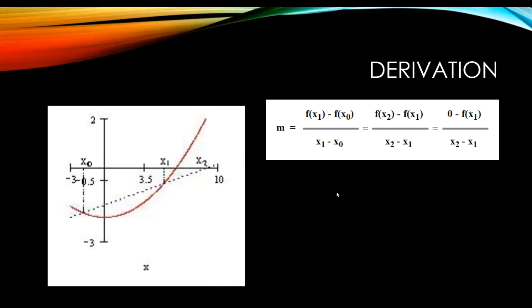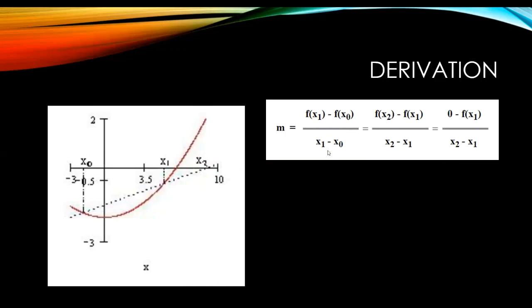Same concept, rise divided by run. The rise will be the function x sub 2 minus the function x sub 1, all over the run, which is x sub 2 minus x sub 1. And we know that the function at x sub 2 is equivalent to 0. We assume that it's equivalent to 0.